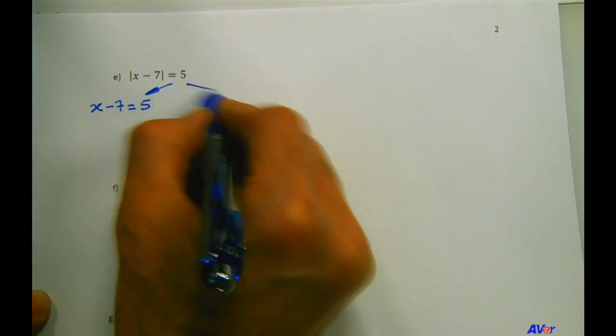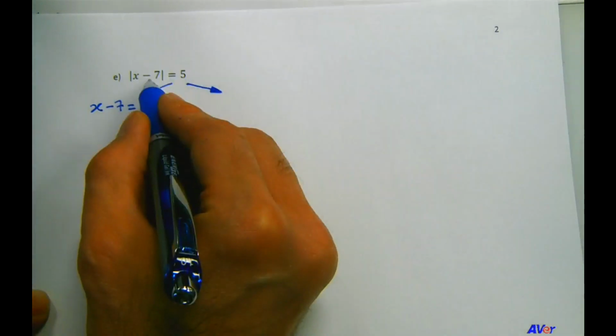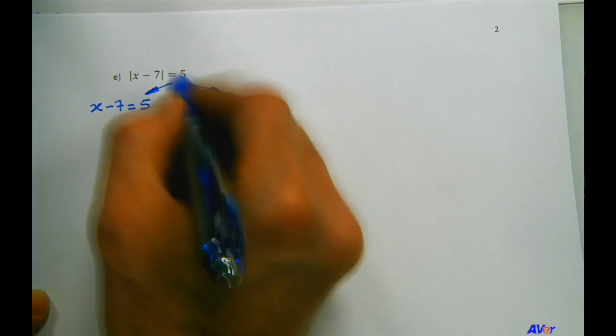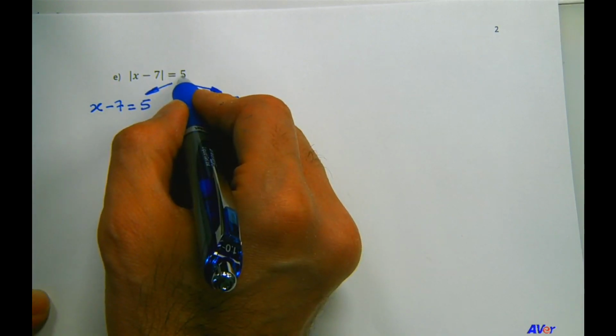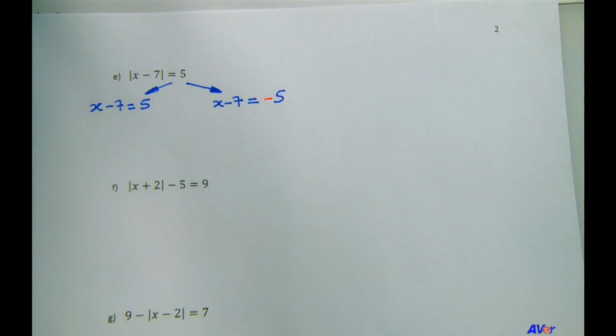The other solution will come from writing the inside of the absolute value as it is with no change. Write the equality as it is, but then multiply the other side by a -1. So we end up with -5. Right? -1 times 5 is -5.